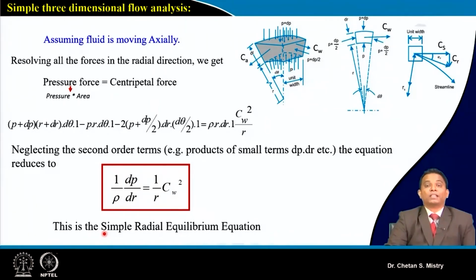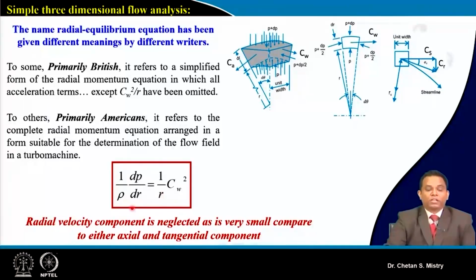Based on our assumptions, we come up with the solution: 1 upon rho dP by dr equals 1 upon r Cw square. This equation is named the radial equilibrium equation.